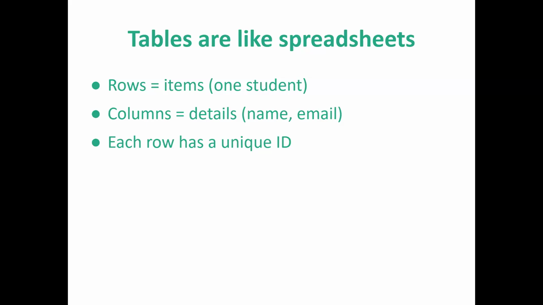Like every student has their own unique college ID, and in an organization, every user has their own employee ID. And in every table there should be one unique ID. So rows represent one student and columns represent all of the details, like first name, last name, email, full name, active, all of those.